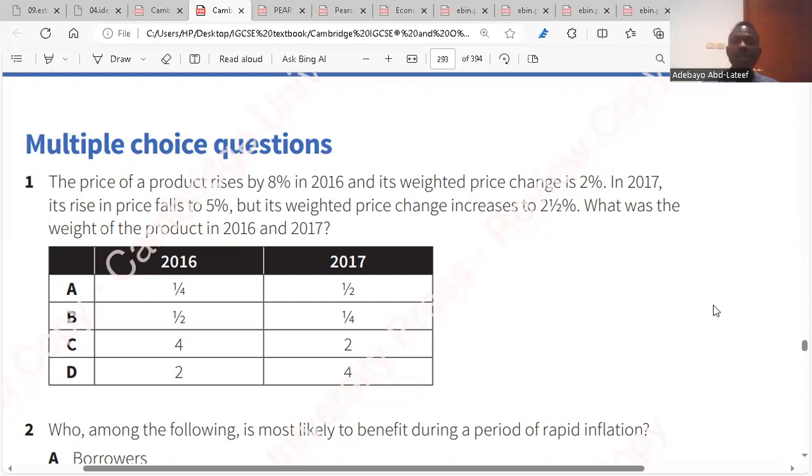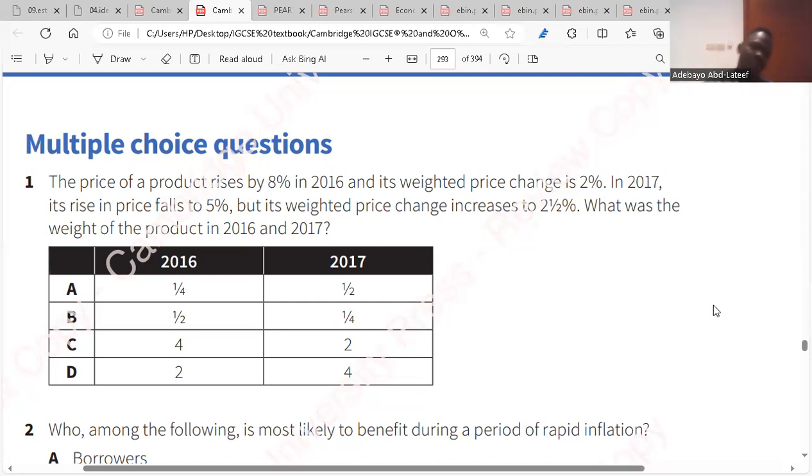Yes, so it's 8 over 2, the base year over the recent year. 2016 over 2017. 8 over 2, yes, and it should give us 4. And 2.5 over 5, or 5 over 2.5. Yes, 2.